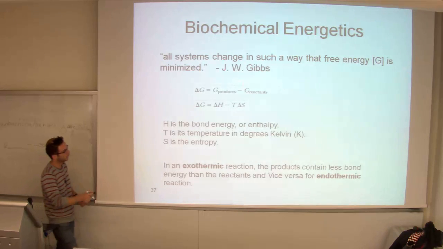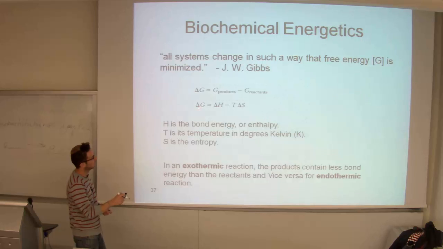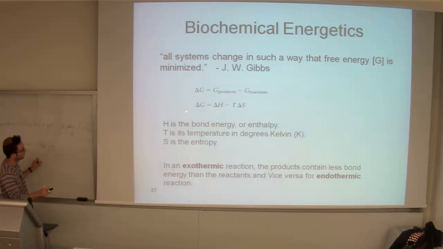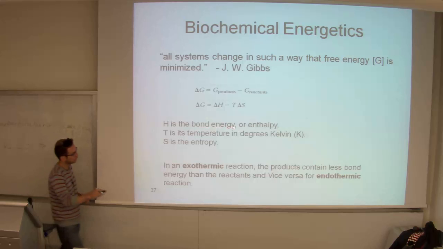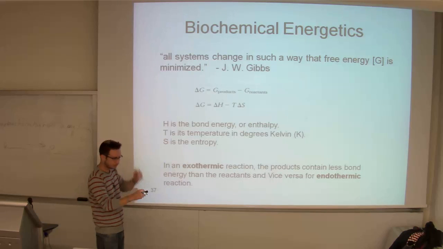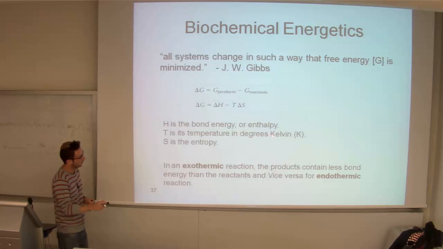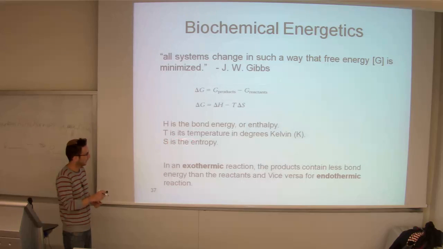It can also be calculated as written here. The delta in Gibbs free energy for the chemical equation is the delta in bond energy, which is also called the enthalpy, minus temperature in degrees Kelvin multiplied by the entropy, S.